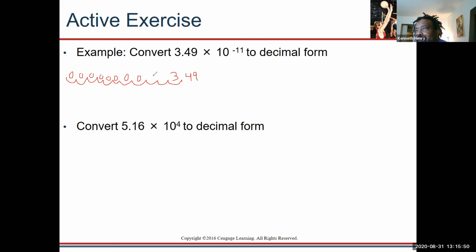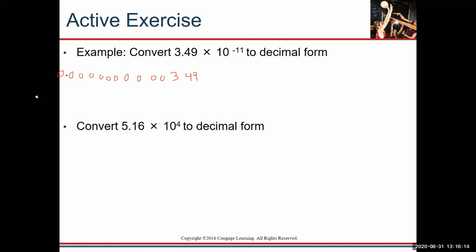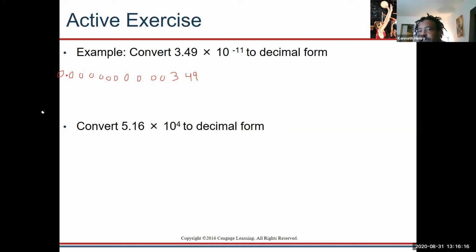Brian, I think you're messing with me. I think you actually are able to write. You just don't want to write all those zeros. So the decimal is now here. And then I like to put a 0 in front so that I know. Okay. Piece of cake.